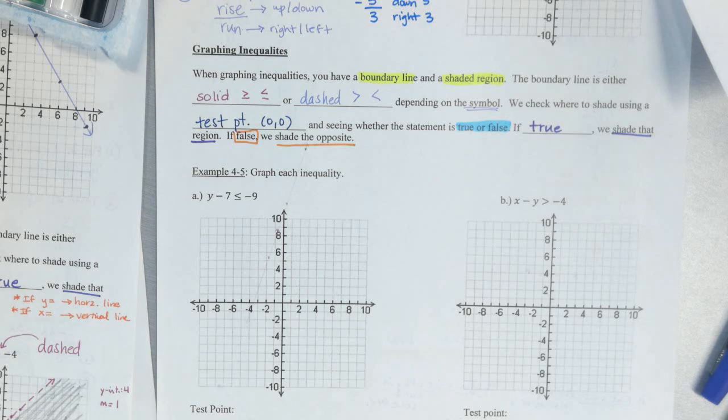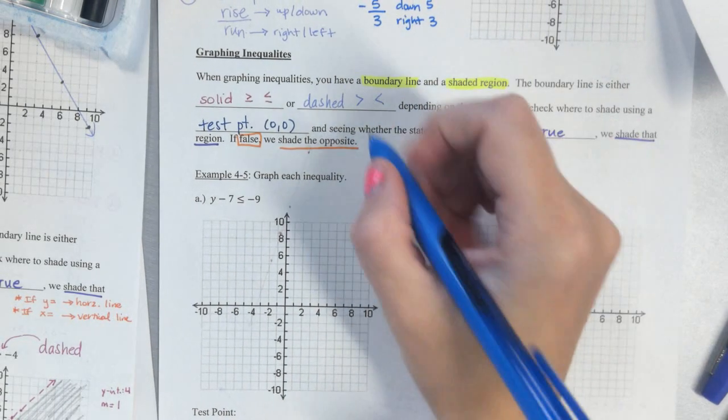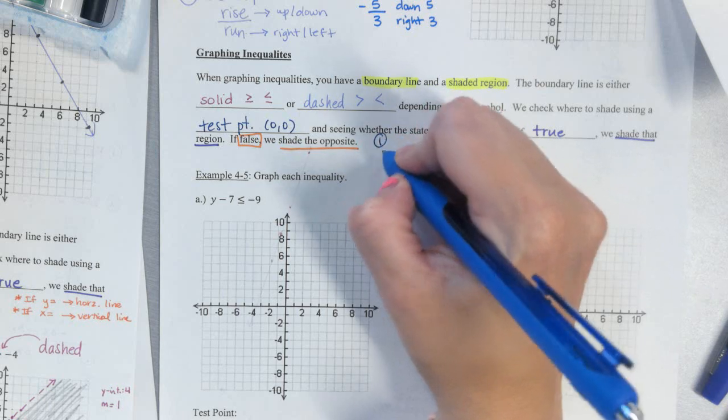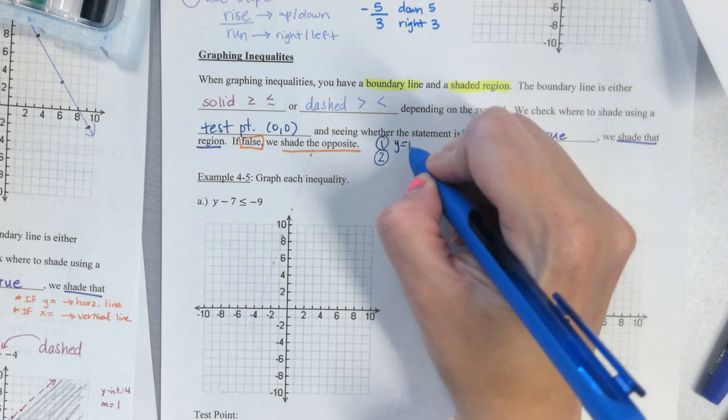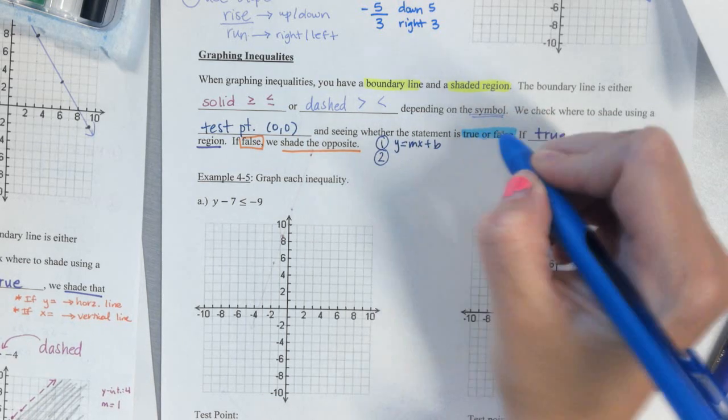So this process I really break down into a few steps, okay? And 1 and 2 are really interchangeable. The first thing I like to do is get it in y equals mx plus b form.